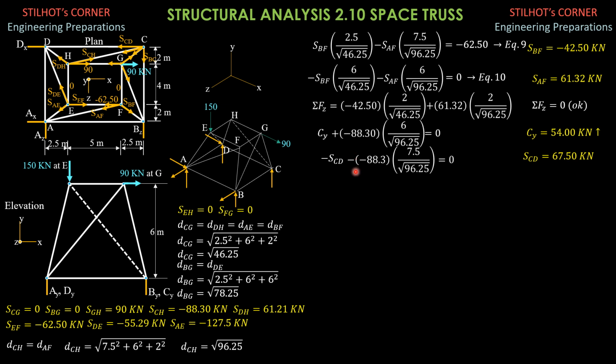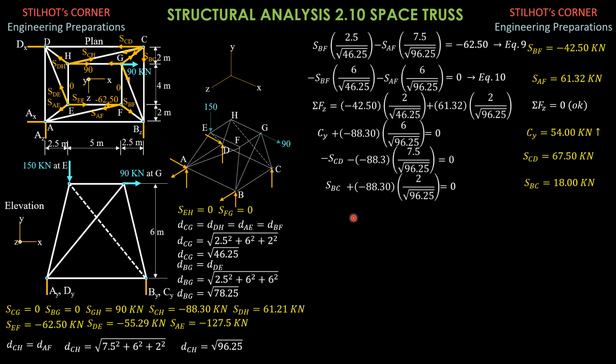Summation forces Y, summation forces X. So summation forces along Z to solve for SBC. SBC is positive, assume. SBC plus SCH times 2 over square root of 96.25. Then no more, equals 0. So SBC plus negative 88.3 times 2 over square root of 96.25 equals 0. No more because SCG is 0. So SBC can now be solved. It is equal to 18 kilonewtons.